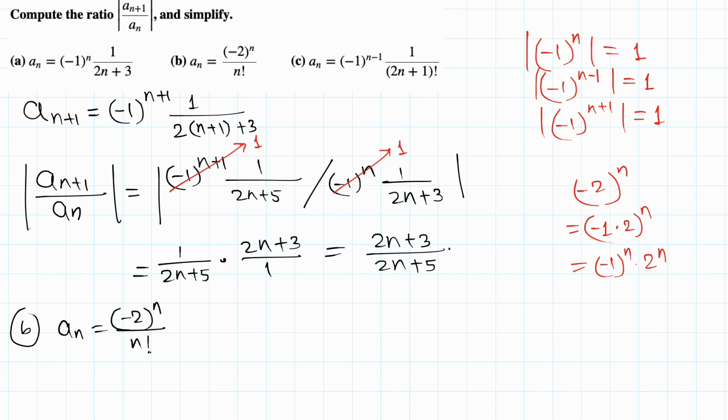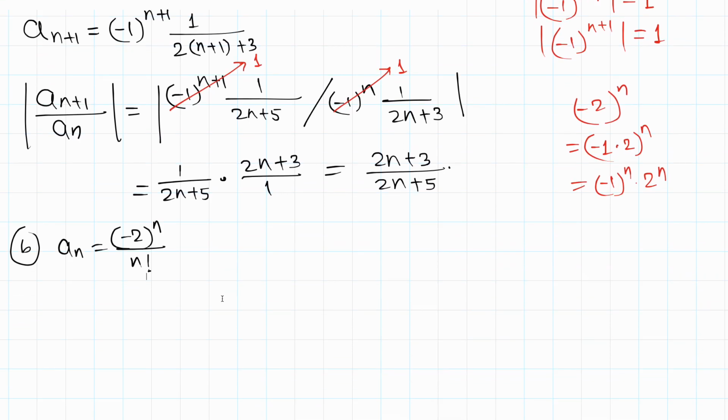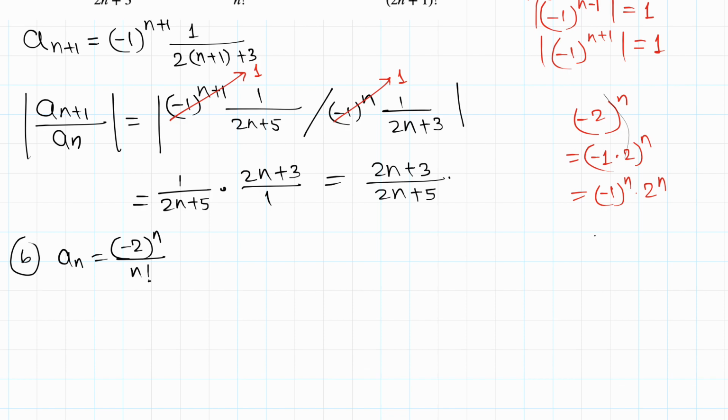Okay, here is a factorial. We know that factorial, like if there is 5 factorial, that's 5 times 4 times 3 times 2 times 1 all the way. Then we can rewrite this as 5 times 4 factorial.